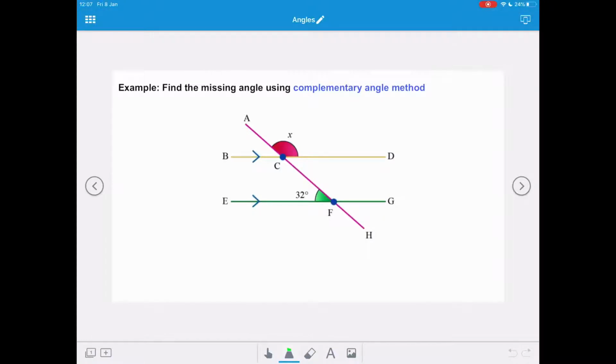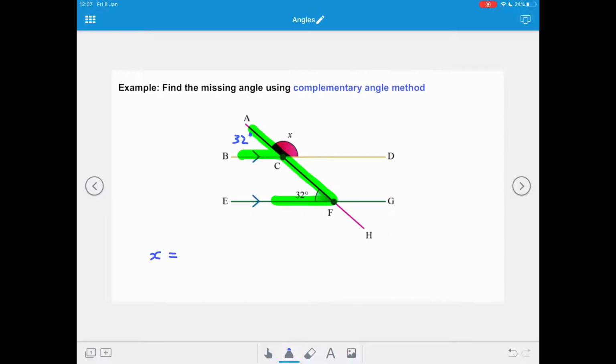So in this example, we're going to find the missing angle, and firstly, we're going to use the corresponding angle method, which is our F-shape angle. So we're looking for an F shape that includes that 32 degrees. And you can see if we draw in our green highlighted F, the angle at the top is 32 degrees because our F is backwards and upside down.